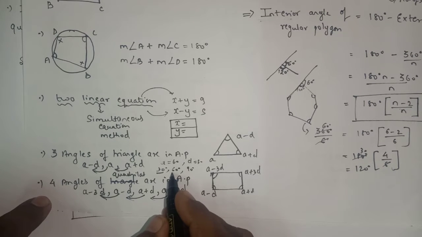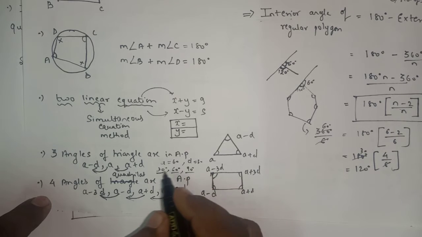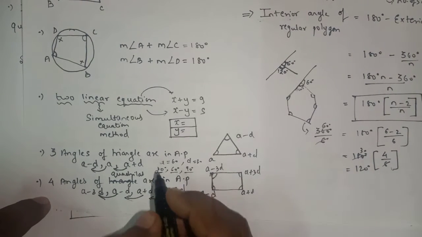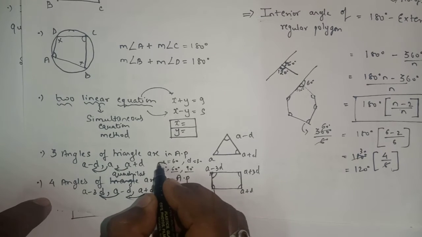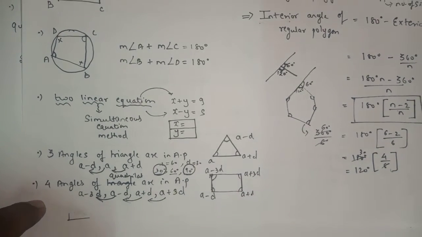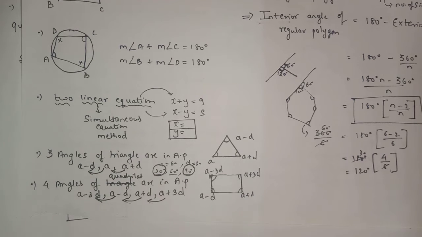Then the second angle is greater than the first, and the third angle is greater than both the angles. So clearly we can say that the first angle is always less than the third one. So this is the smaller angle and this is the greater angle.